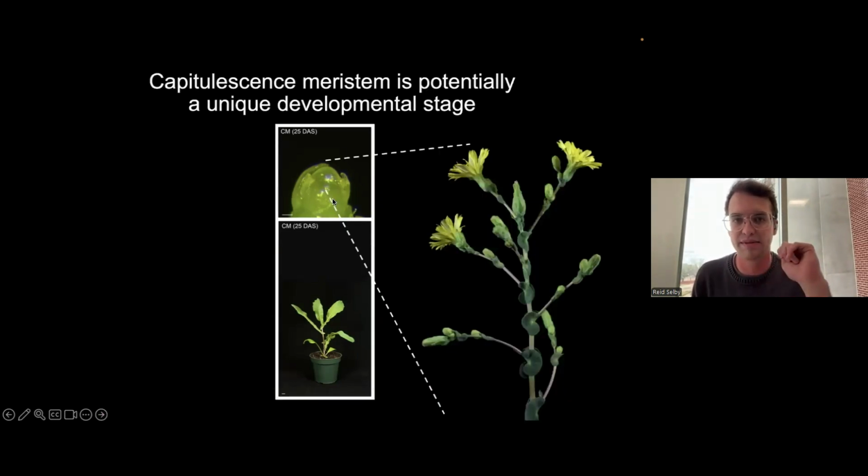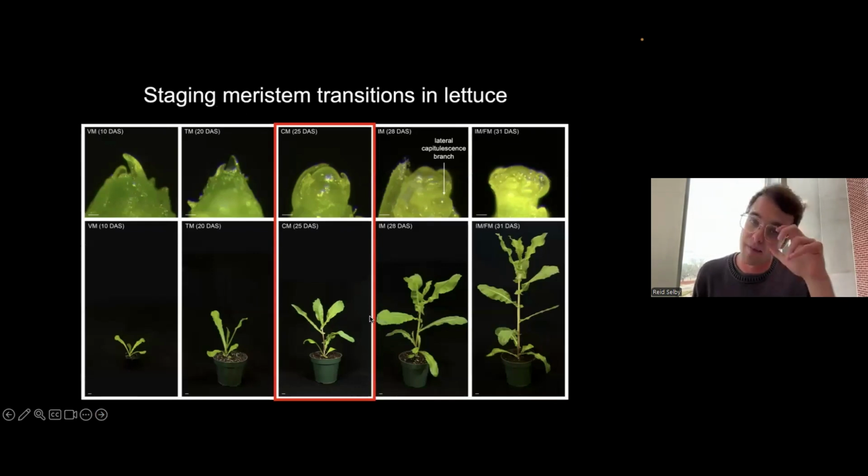So this meristem here leads to this sort of compound structure and will lead to the development of multiple capitula, which is pretty unique from a developmental perspective. In fact, if you look at the next stage here, you can actually see lateral capitulescence branches forming here, which will produce more of those lateral branches bearing more capitula.